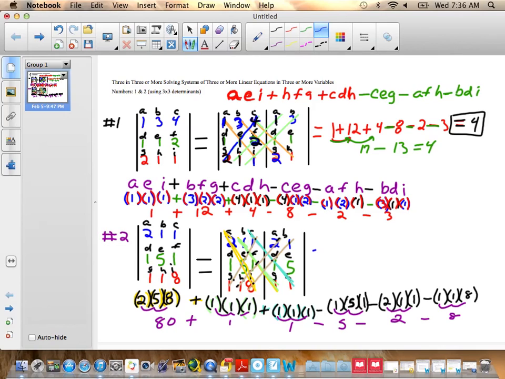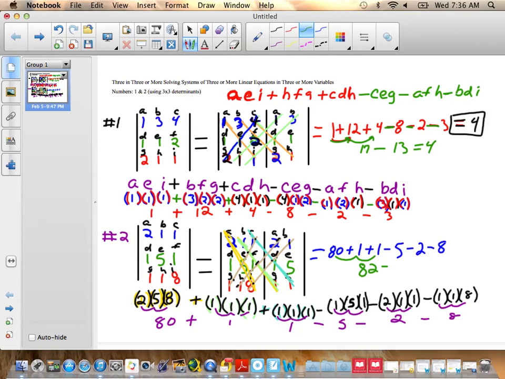So then this is going to equal 80 plus 1 minus 5 minus 2 minus 8. Well, 80 plus 1 is 81, plus 1 is 82.